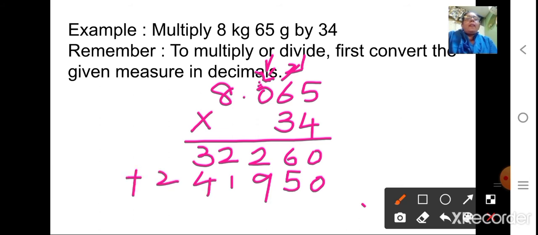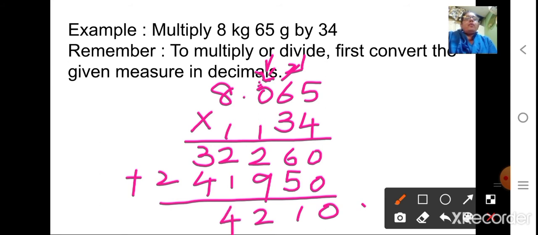Now add it. 9 plus 1 10 plus 2 12. 4 here. 4 plus 3 is 7 and then 2.